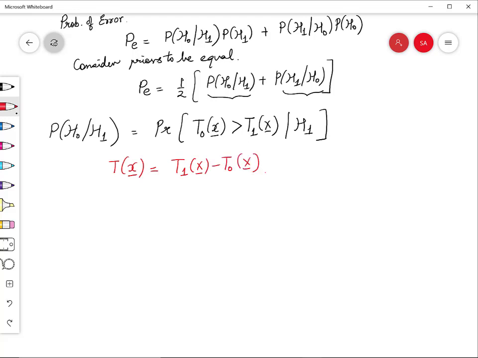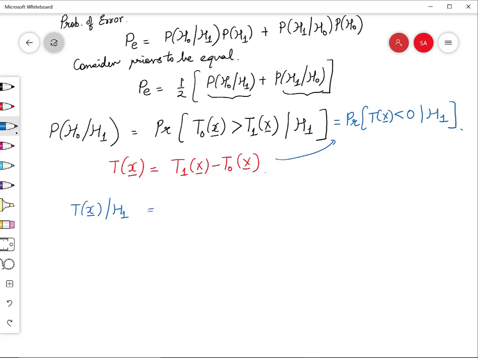So you can write this as the probability that T of x is less than 0 given hypothesis 1 was correct. Now what is T of x given hypothesis 1 correct?